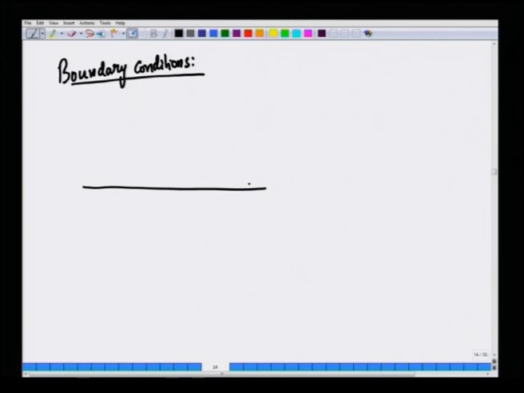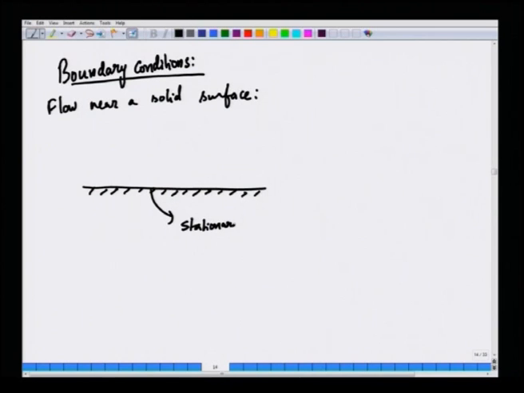Okay. Typically, you will find that you will have a fluid flowing past a solid wall. So, flow near a solid surface. Let us say the solid surface, the boundary, is stationary. Okay.